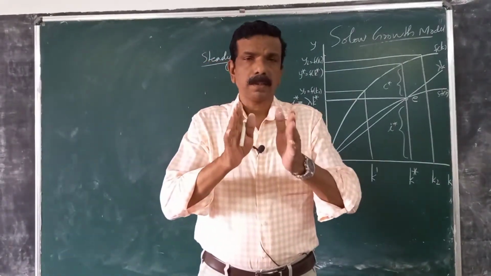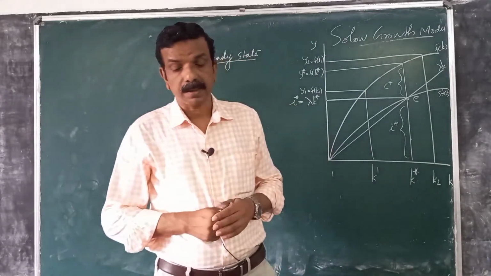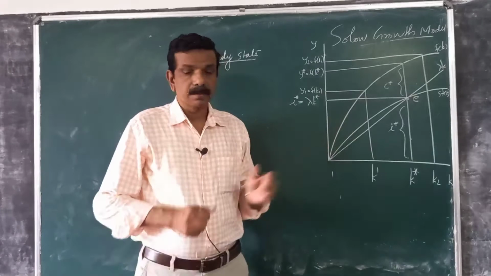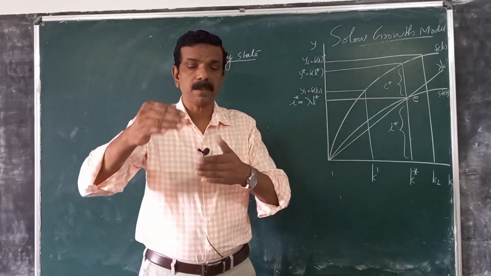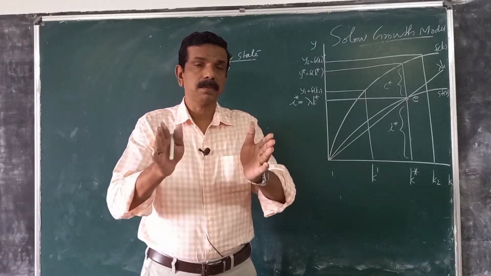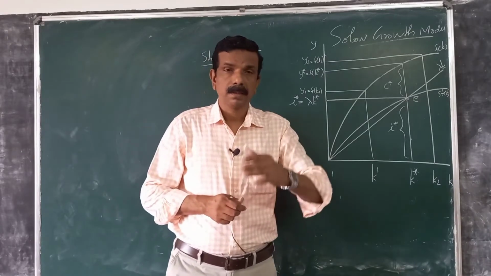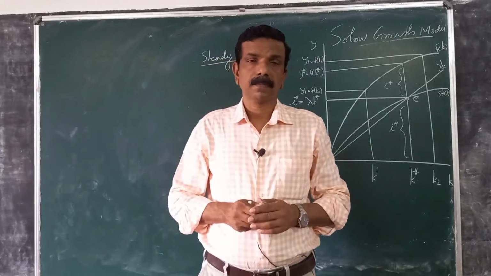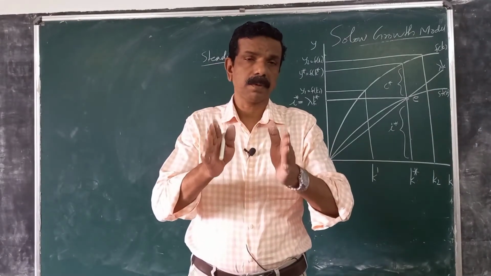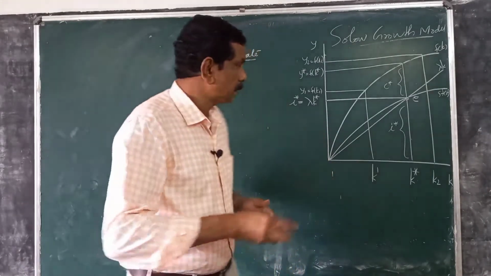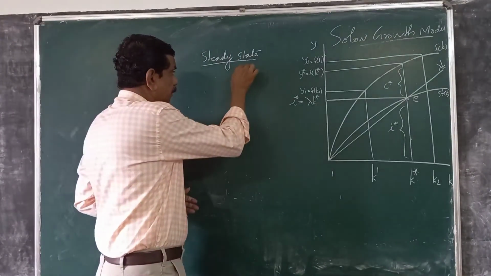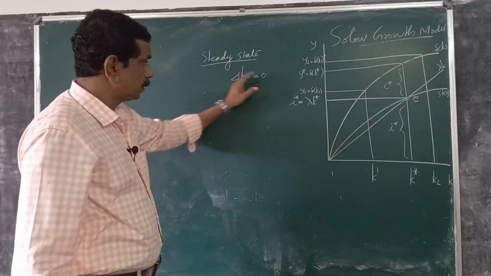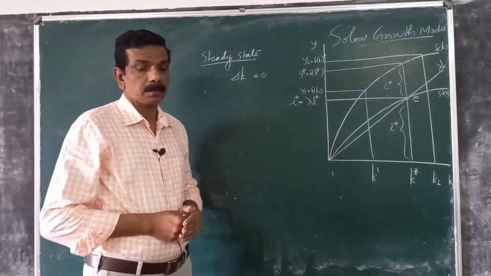Now, in the Solow model, steady state is defined as the level at which capital per worker comes to rest and stops changing over time. So steady state is the point where delta k is equal to 0. That is, change in capital per head is equal to 0.